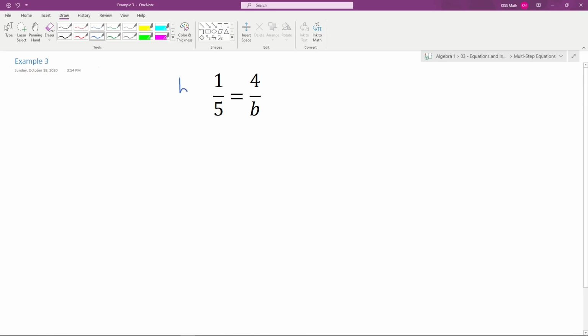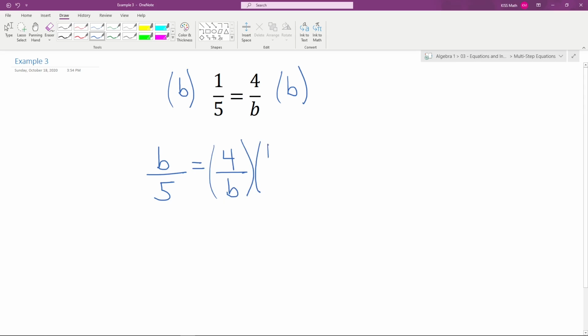So if I do that, I have a b multiplied here and a b multiplied on the right side. So what happens is I have b times 1 is just b, right? b over 5 equals 4 over b times b. Or I can write that as b over 1.